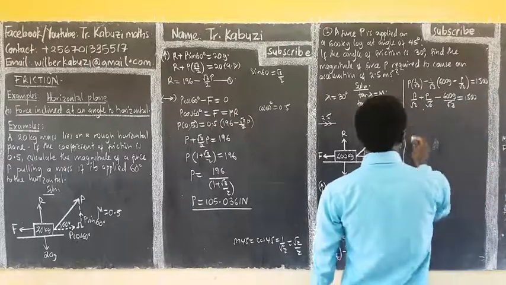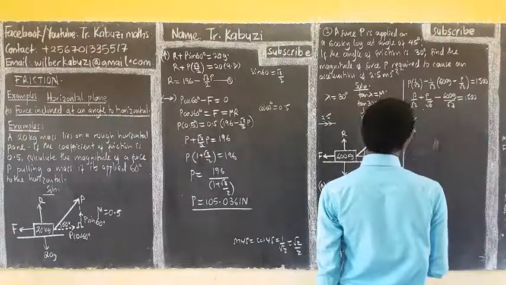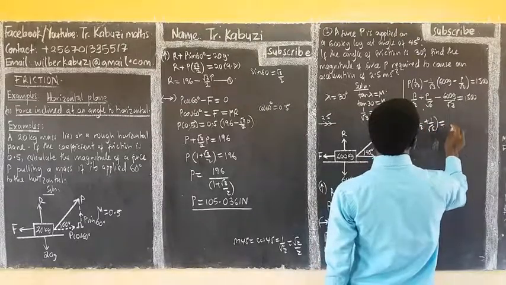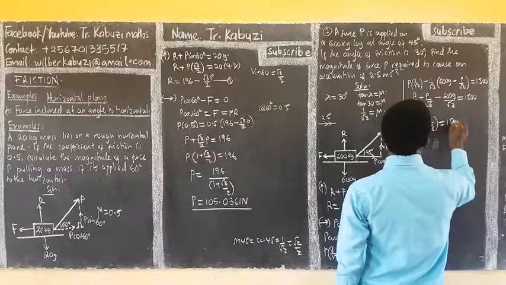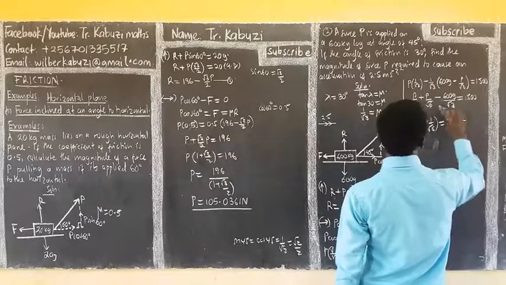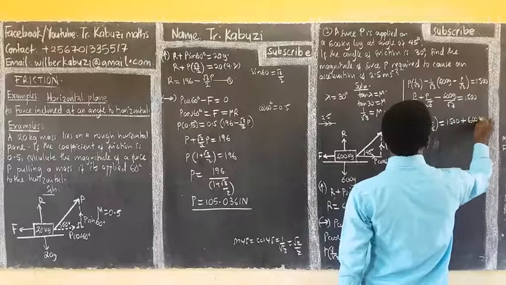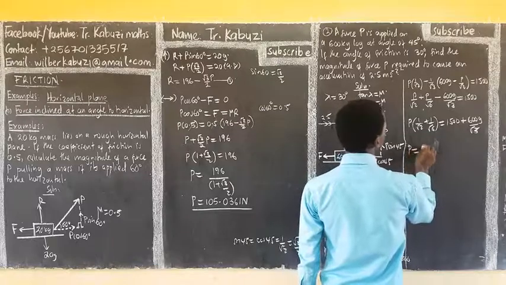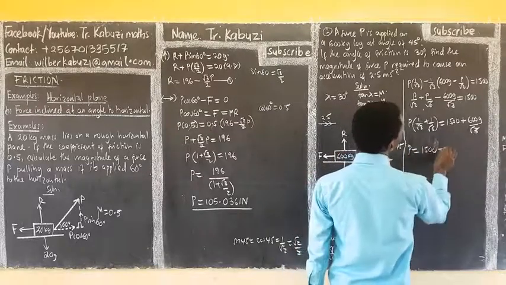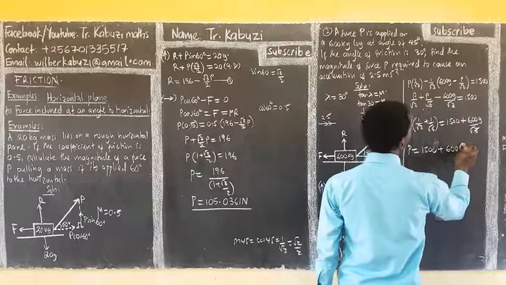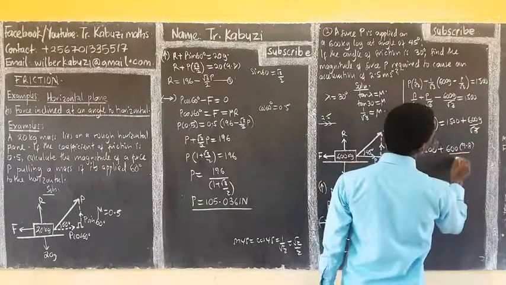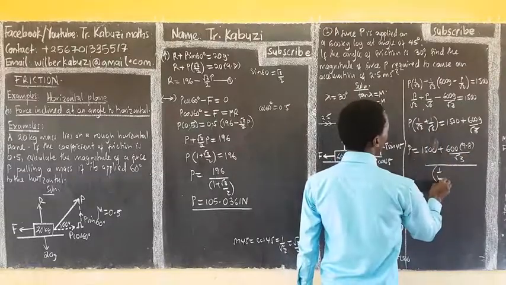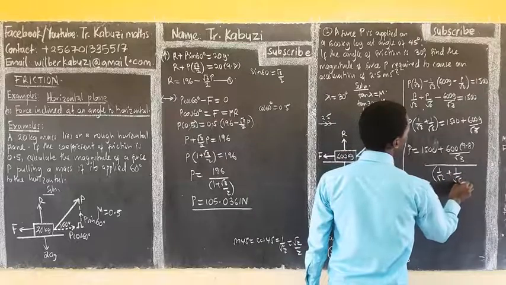When I take everything this side, so our P into 1 over root 2 plus 1 over root 6 will be equal to 1,500 plus 600 G over root 3. And so my P is going to be 1,500 plus 600 times 9.8 over root 3. Now I divide it with 1 over root 2 plus 1 over root 6.